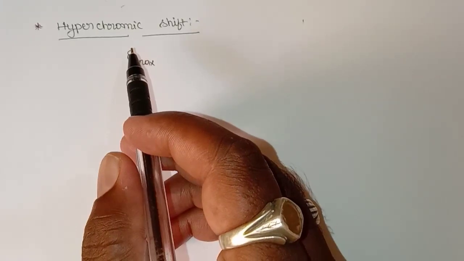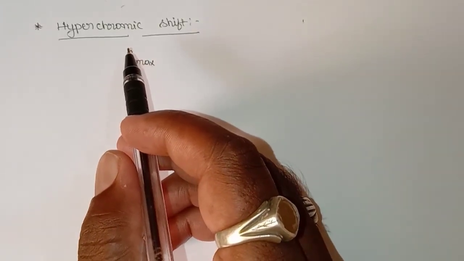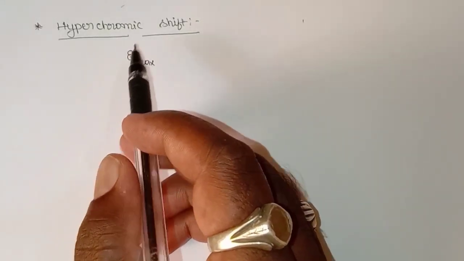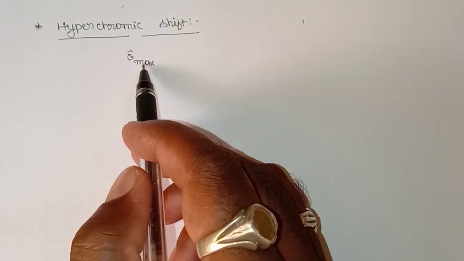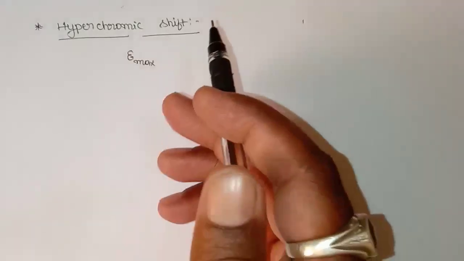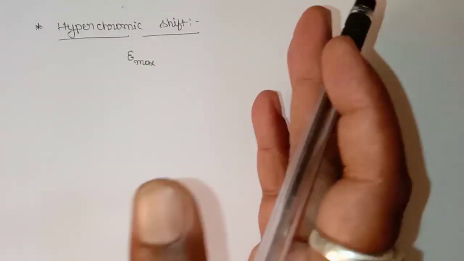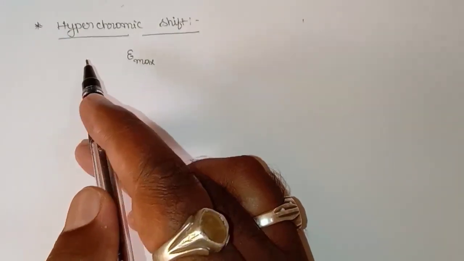Now we shall move on to the next term, the hyperchromic effect. Sometimes, due to the presence of certain groups, that is auxochromes, or by some external effect such as a change in solvent or temperature, the intensity of the maximum absorption, that is epsilon max, increases. Such an increase in the intensity of absorption is known as the hyperchromic effect.